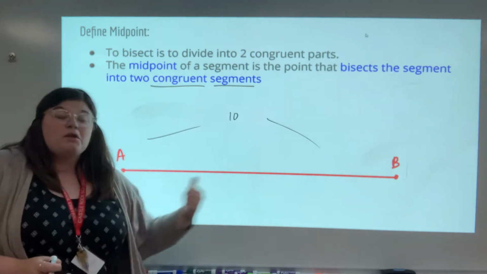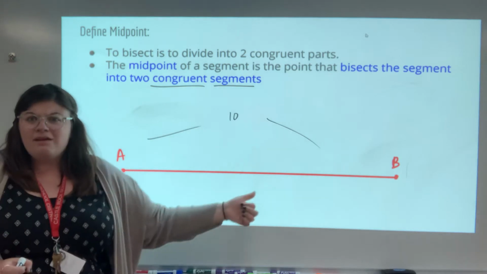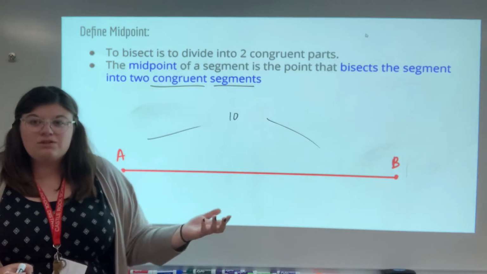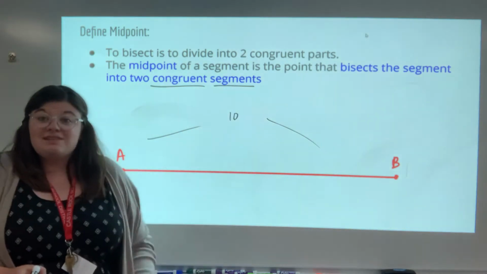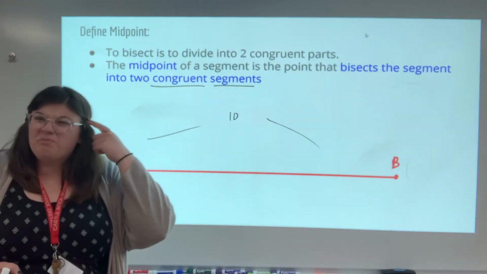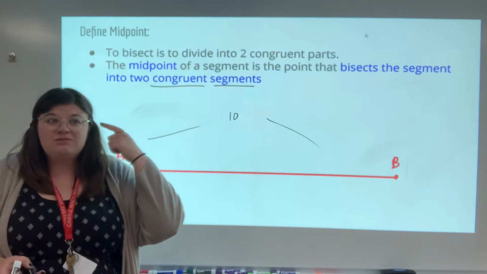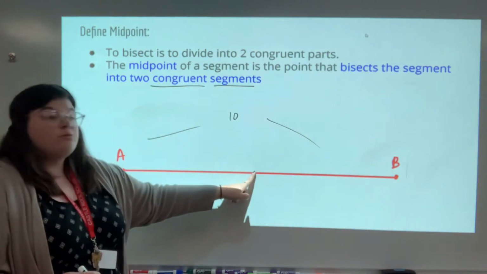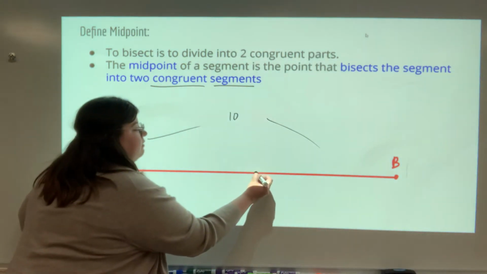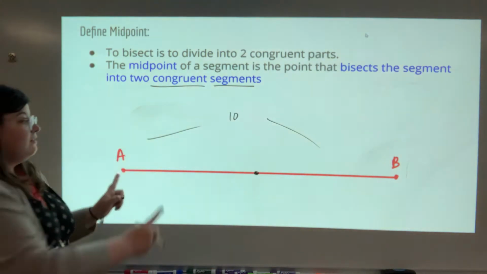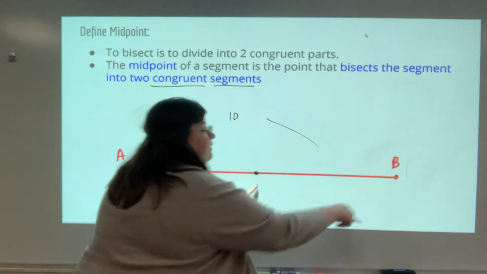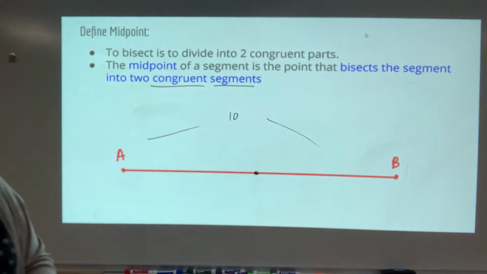So if this entire thing is a length of 10, then the midpoint has to be somewhere exactly in the middle so that it splits this thing in half, right? When I think of bisect, I like to think of dividing something in half. So the midpoint should probably be about right around here. And that would make this part right here have a length of 5. And this part right here would have a length of 5.